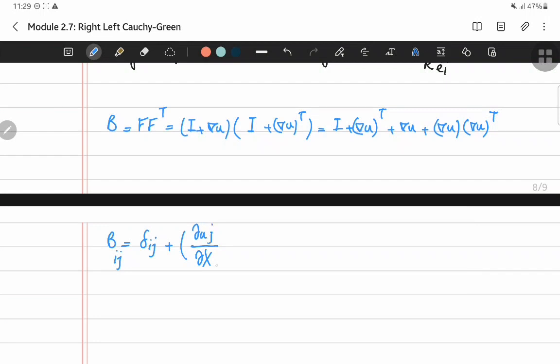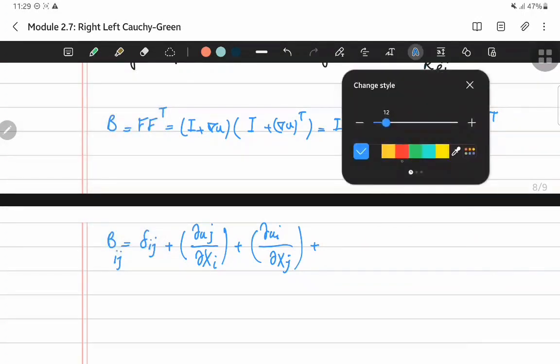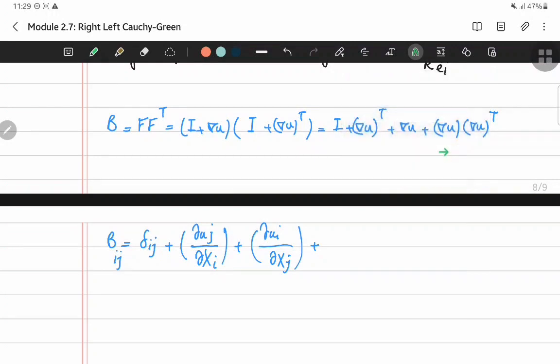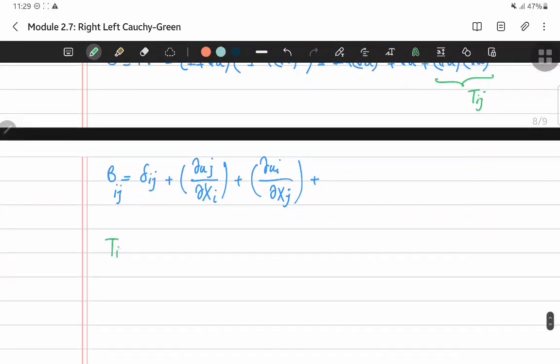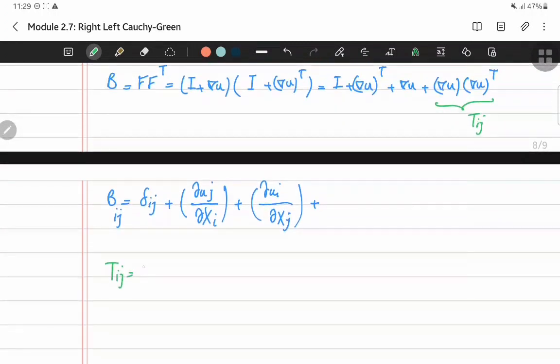Therefore, it is j, and this is i, plus del U, partial derivative of Ui with respect to xj, plus, and here again we have something like Tij, and this Tij is equal to del U del U transpose.